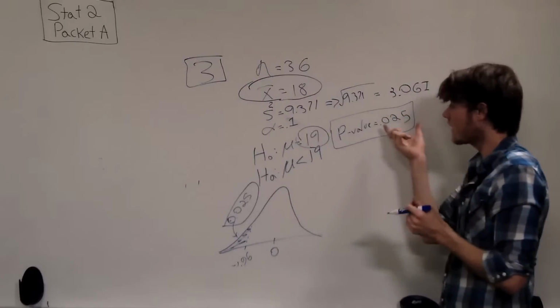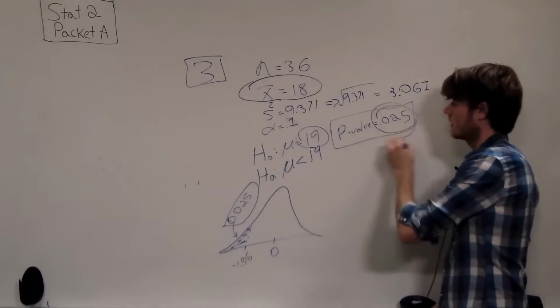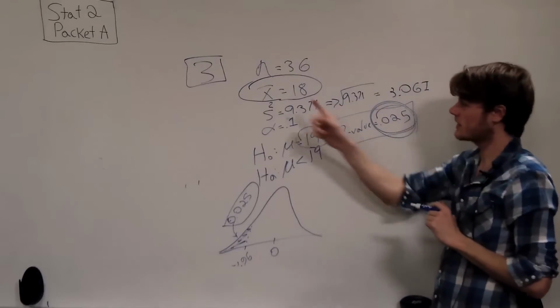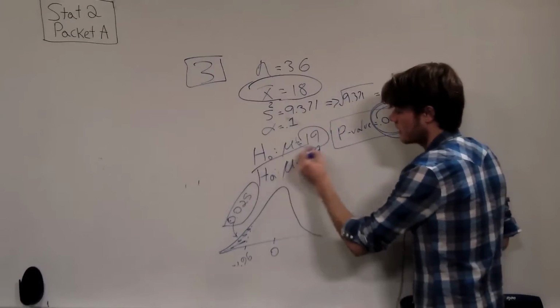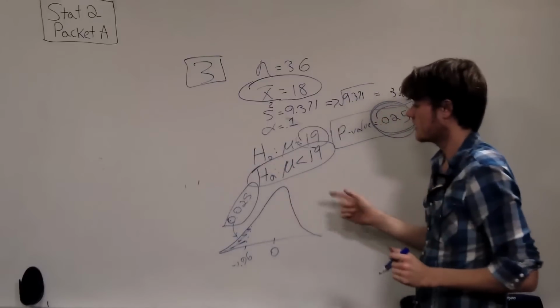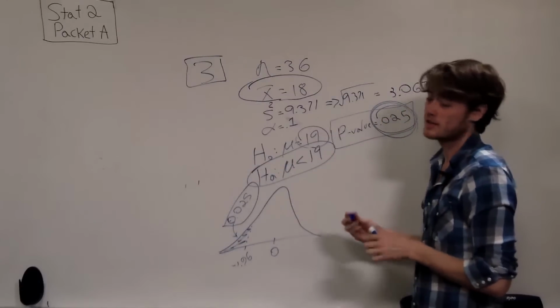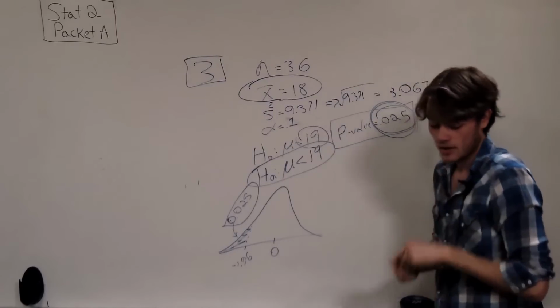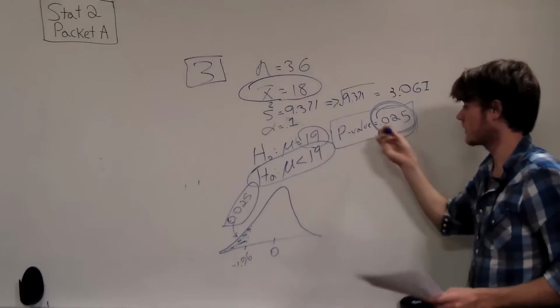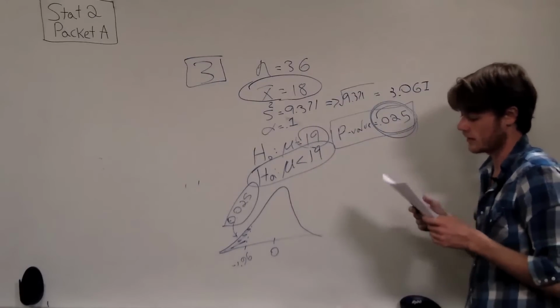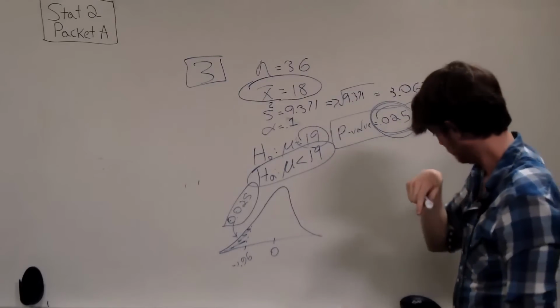Since we basically have no evidence, and there's a very small chance of this happening with H0 true, we reject H naught in favor of mu being less than 19. This is the conclusion. We reject because we have a low p-value.